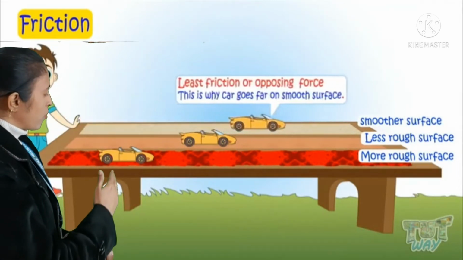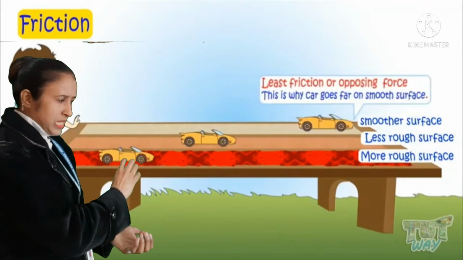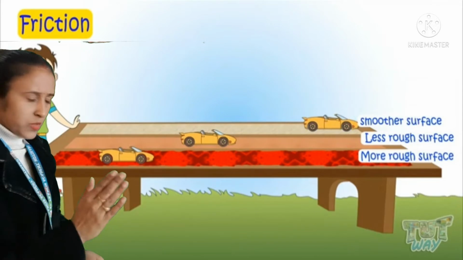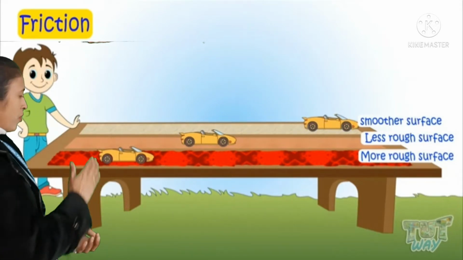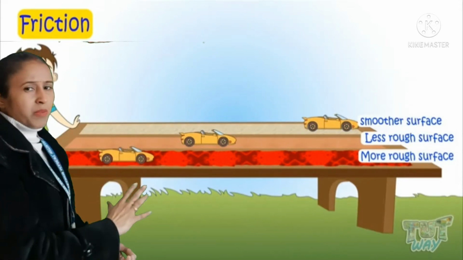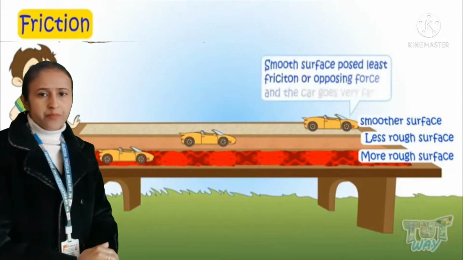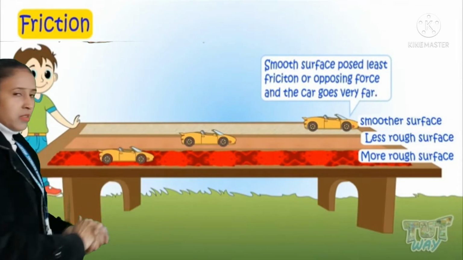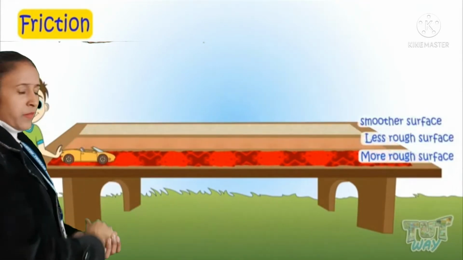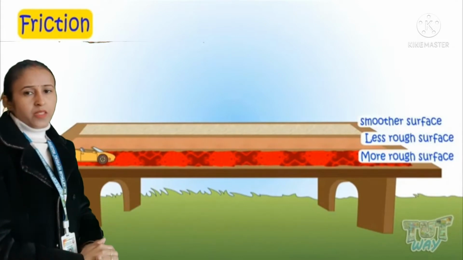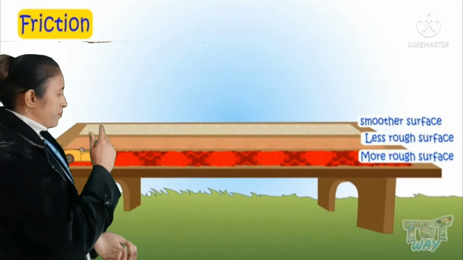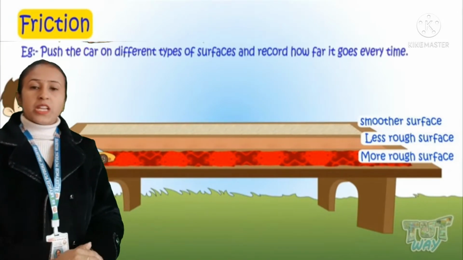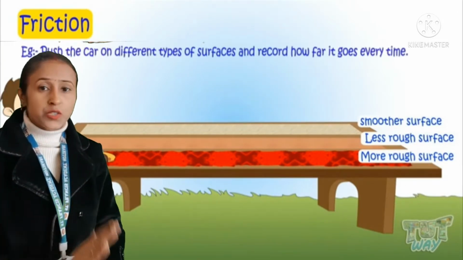After that, the boy moves the car on the less rough surface, and it moves but not very fast. And on the third surface, which is very smooth, the car moves very fast. So in this picture, we can say any object moves faster on a smoother surface.